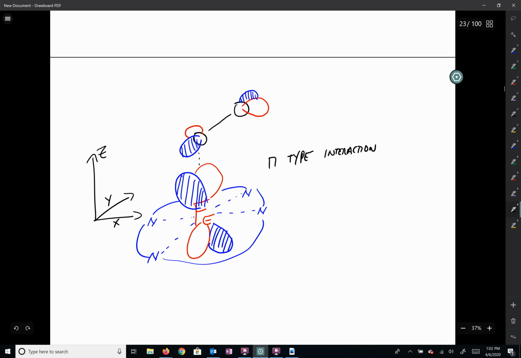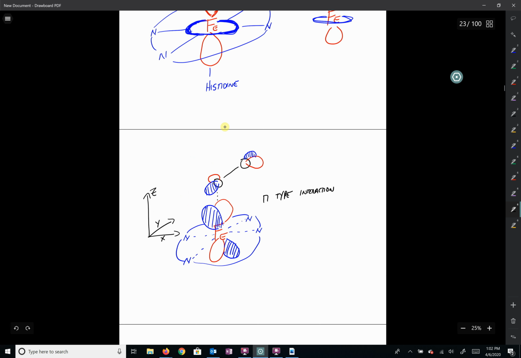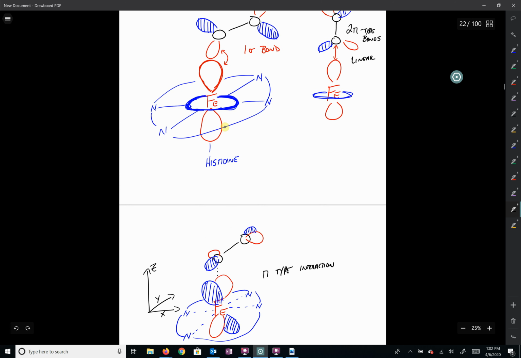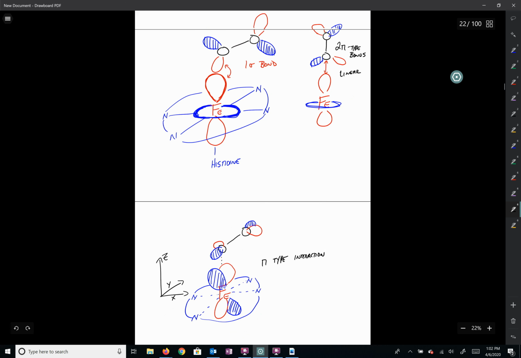And that's really the kicker here. If we bring in the oxygen in a side-on manner, we can make a pi-type and a sigma-type interaction. And that's going to be extremely useful for us, because the name of the game is we want to be able to bind that oxygen to this iron center.